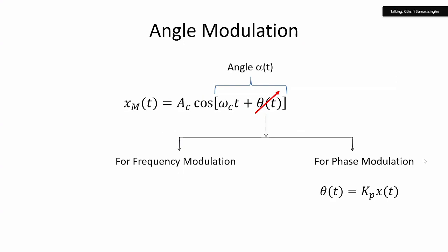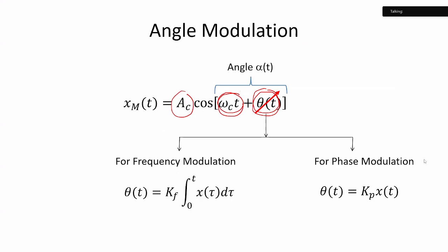In frequency modulation, this θ(t) is k_f into the integral of x(t). So this did not change. This also did not change, the reference phase angle. This is the part which is variable according to the modulating signal voltage. There are two ways that variable can be generated, either direct proportionality or proportionality with the integral. So that's how the FM and PM signals differ.